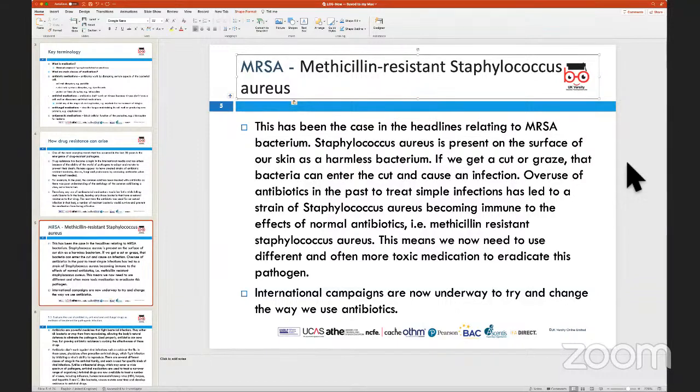Now, in order to prevent this, doctors, nurses, healthcare workers and assistants are all expected to use a very severe form of hygiene. For example, hand washing, using some sort of gel to reduce the spread of MRSA infections, and also ensuring that any linen or cloth is handled carefully. We use PPE, personal protective equipment, when nurses enter and see patients within wards, or when you're administering medicine to patients.